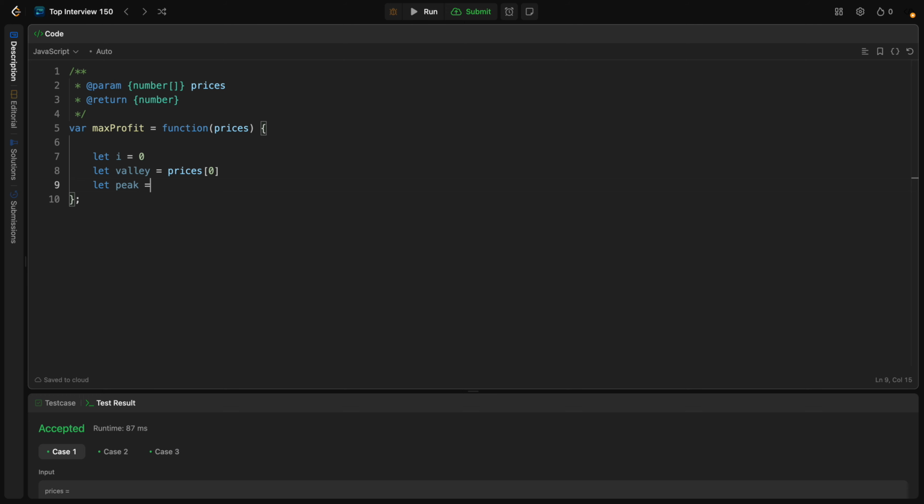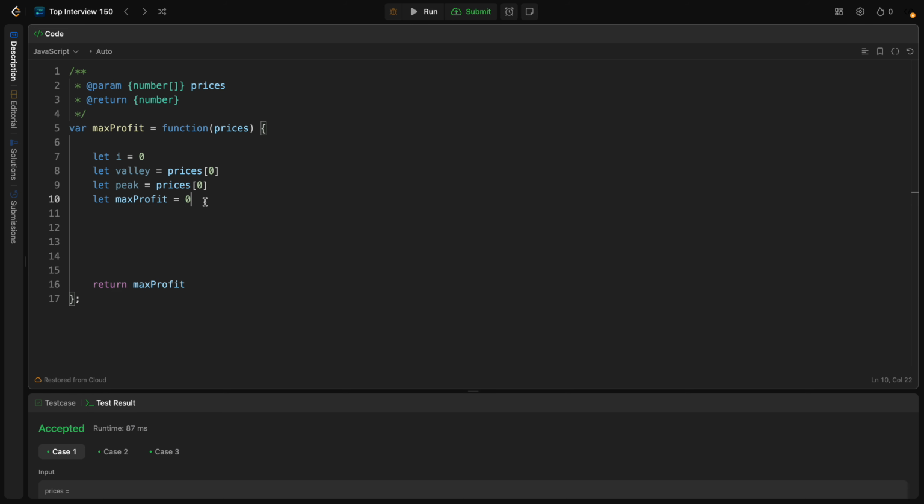It will start at prices[0] as well, and I will have maxProfit equal to 0, and before I forget, we should return this max profit.